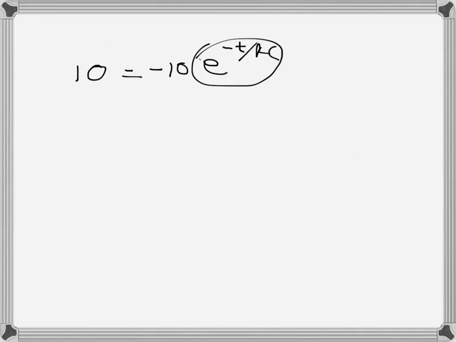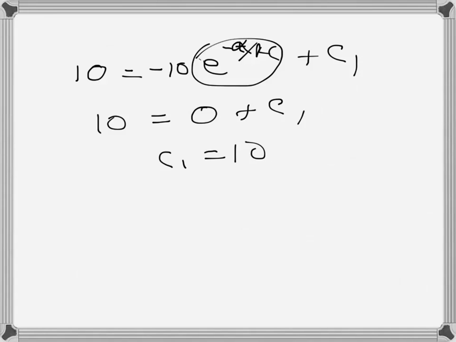At t equal to infinity this is 10, and the exponential part, with t over RC, will become 0, leaving C1. So C1 will be 10, and VC as a result will be like that.